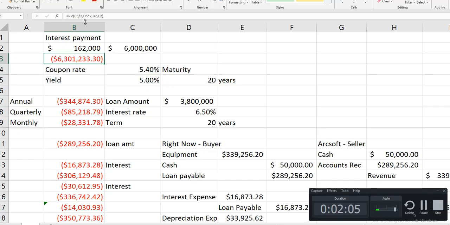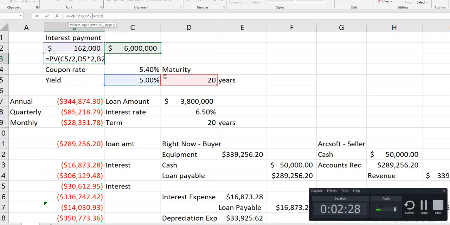And then we're going to take the number of years and multiply by 2. So whatever you divide by here, you're multiplying here, because everything is on an annual basis. It's 20 years. Coupon rate is per year. Yield is per year.